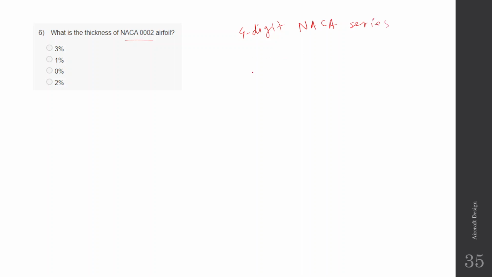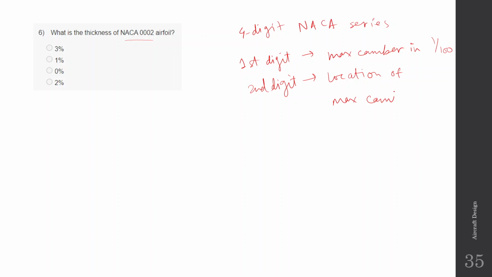In this case, the first digit shows us the max camber in 1 by 100th. The second digit shows the location of max camber in 1 by 10.